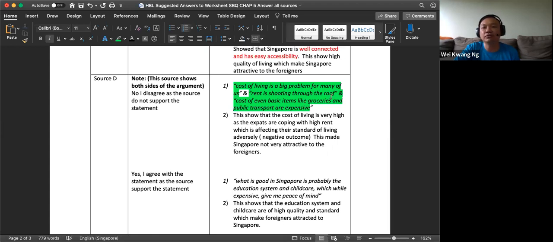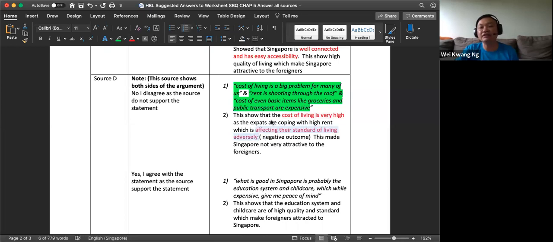Rent is shooting through the roof, and the cost of even basic items like grocery and public transport are expensive." So what does this tell you? It tells you the same situation that we talked about. The cost of living is very, very high. Because the cost is very, very high, it will affect their standard of living adversely.